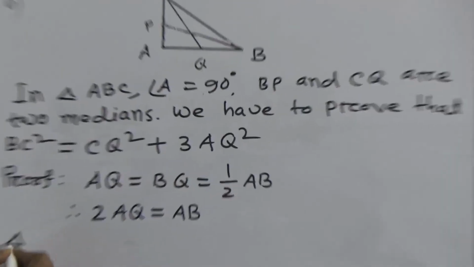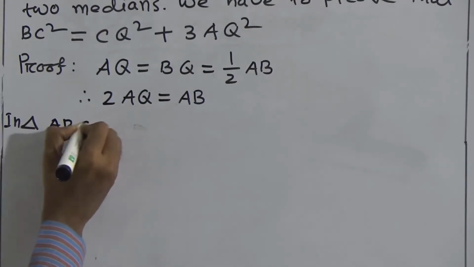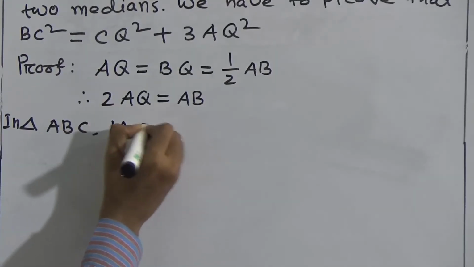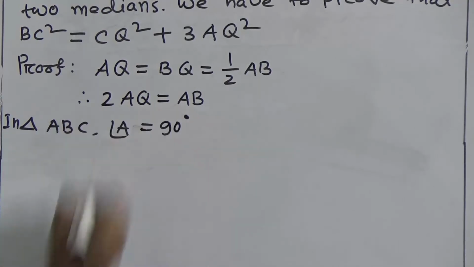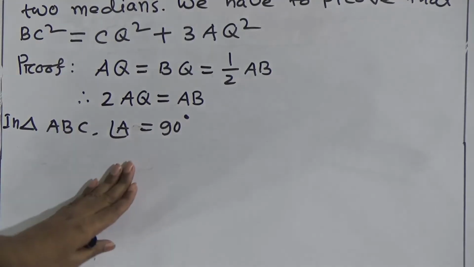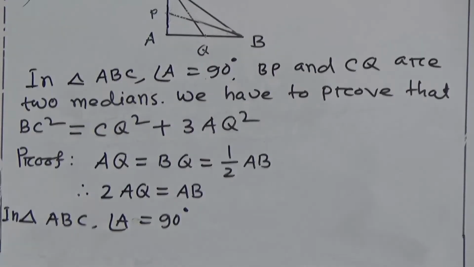In triangle ABC, angle A equal to 90 degree. As angle A equal to 90 degree, so we use the Pythagoras theorem.